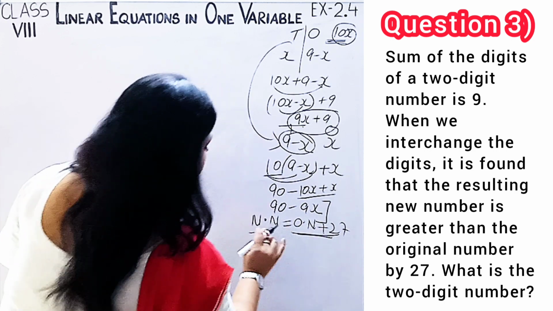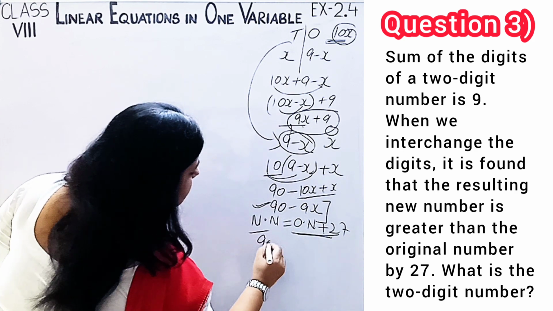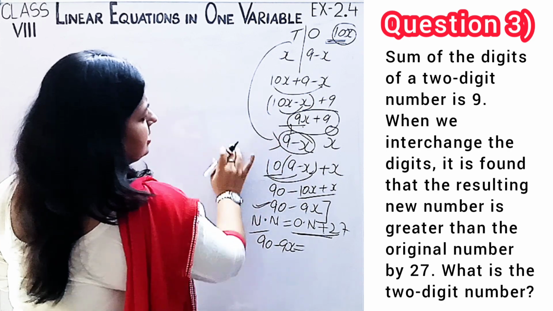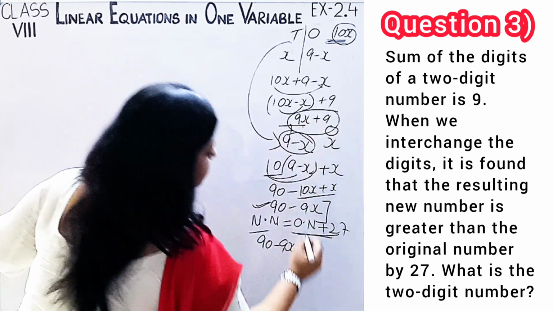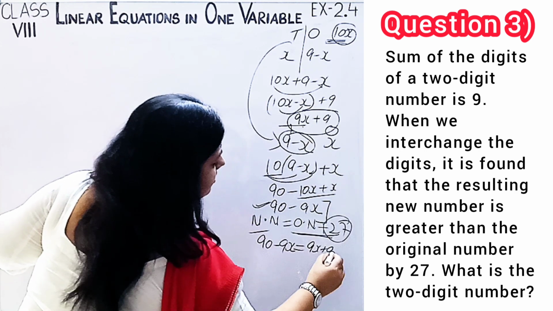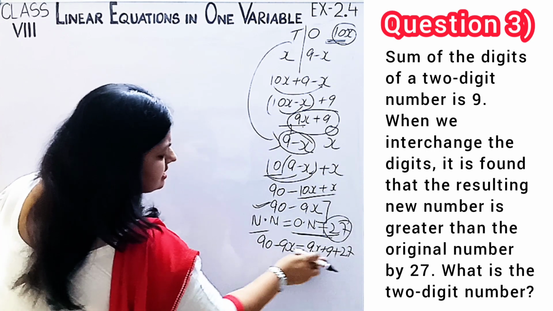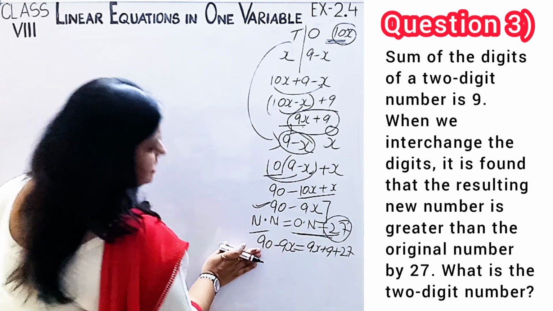Which is our new number? We have this new number, 90 minus 9x. And what was our previous number? We had 9x plus 9, and this is adding 27 according to the question. So this is our equation, and from here we will get x.